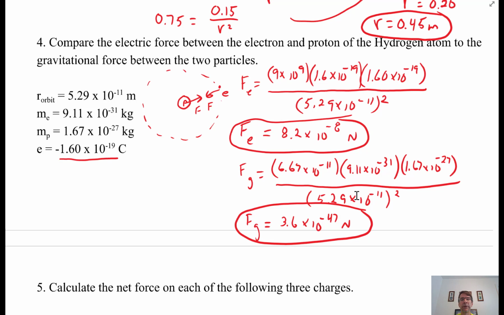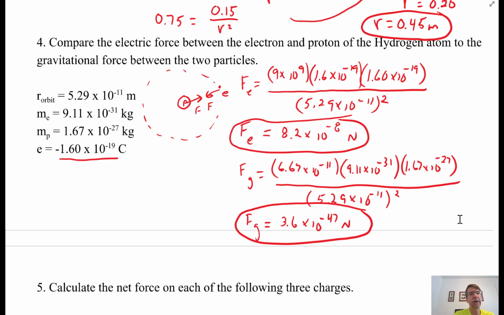But when you do the gravitational force, which is a review question, you also have to plug in capital G, 6.67, the universal gravitation constant, times 10 to the negative 11th, times the two masses in kilograms, divided by the same distance squared, you get this force of gravity, which is very, very small. The point being here is gravity is insignificant compared to the electrical force, which was small as well, but they want you to compare the two.